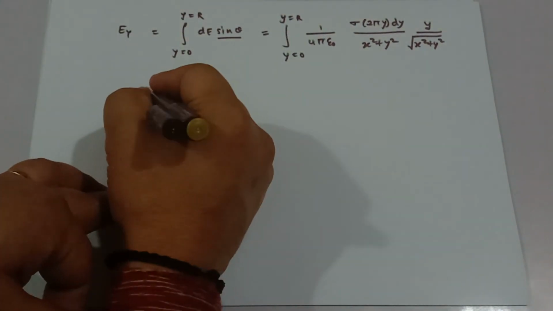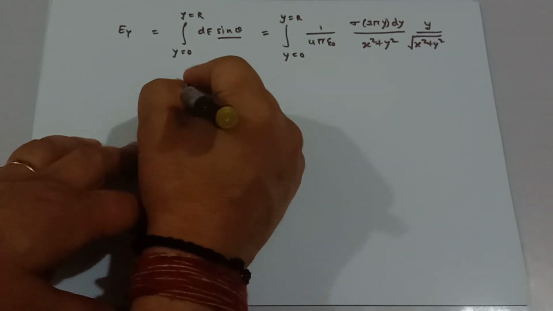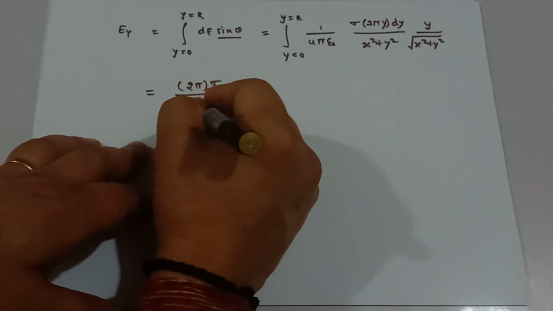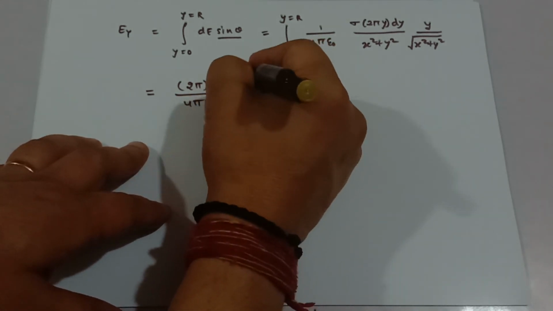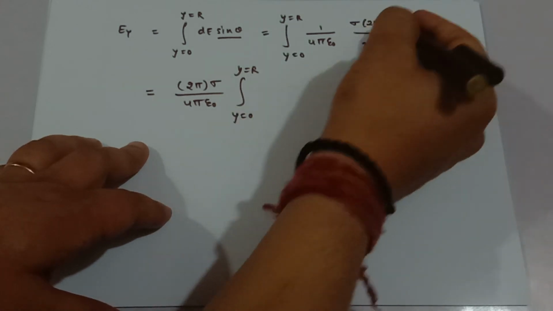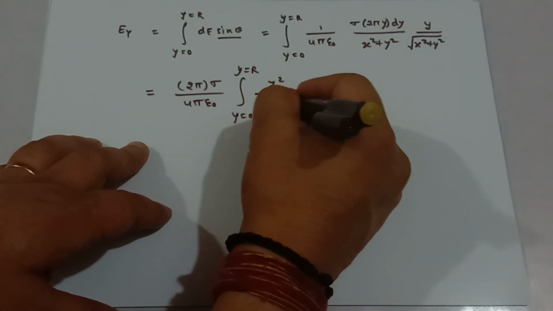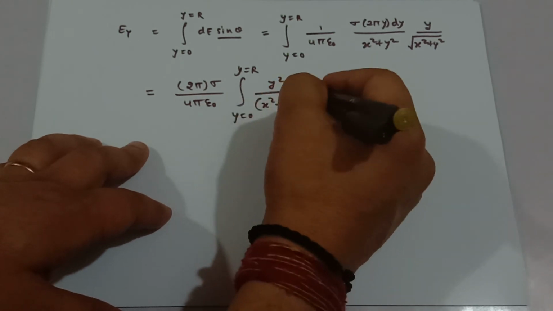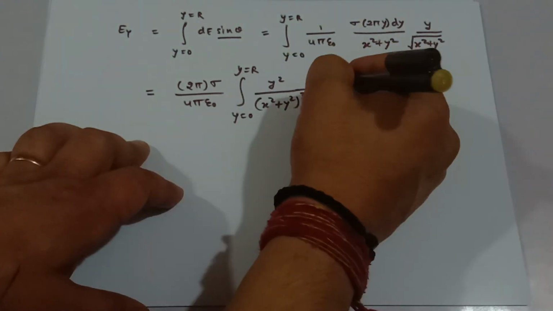So you can write this particular thing as equal to 2 pi sigma upon 4 pi epsilon naught. So that would come out, and the limit is from y equal to 0 to y equal to capital R, and here that would be y square divided by x square plus y square to the power 3 by 2, and that is dy.